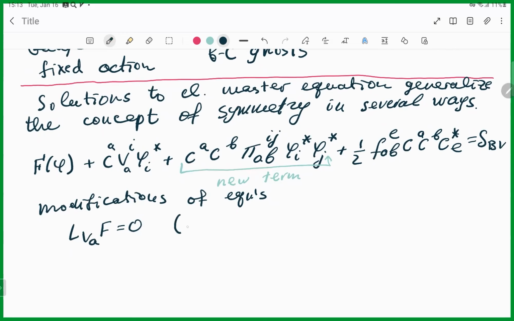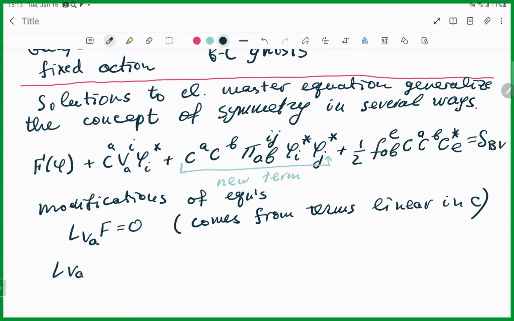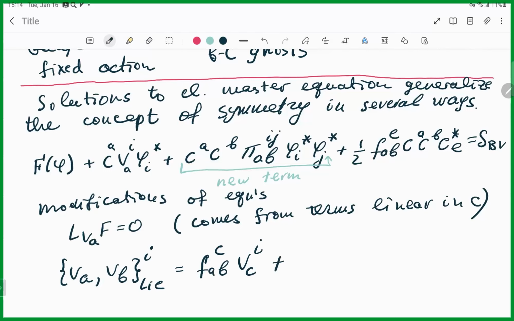However, this comes from terms linear in C. However, from terms quadratic in C, we would have, I will write it differently, the Lie bracket of VA, VB, I would be equal to FABC, VC, I, plus an interesting term, PAB, IJ, df over d phi j. A new term from terms quadratic in C.